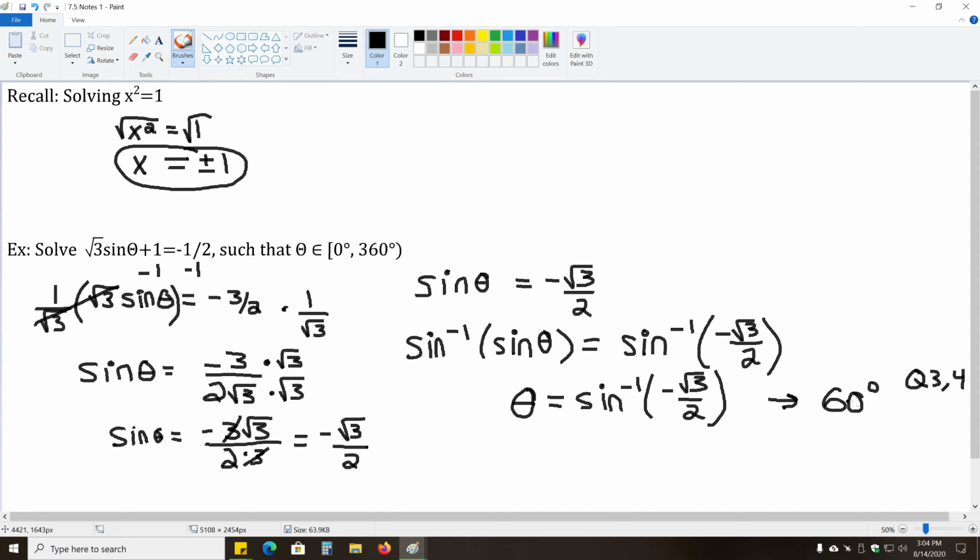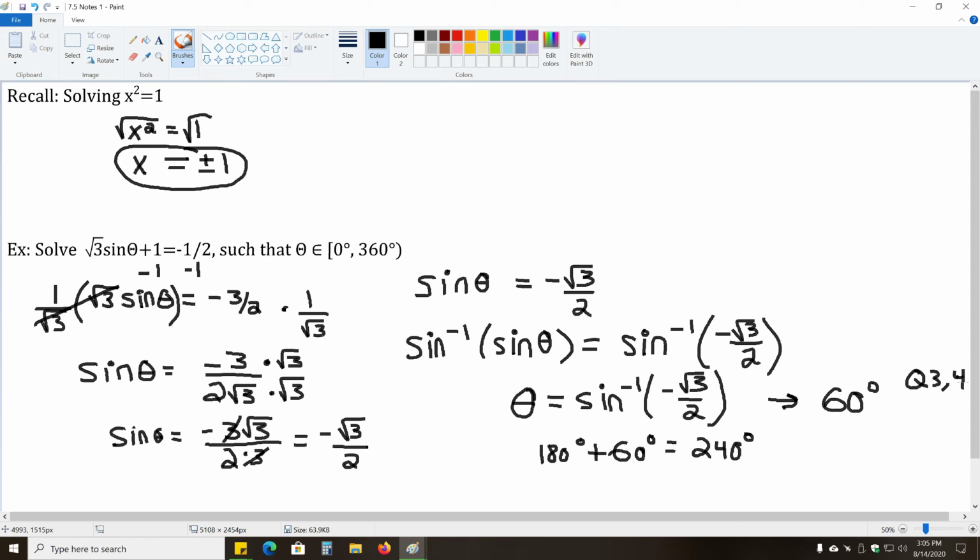So, to find our first reference angle for 60 degrees in quadrant 3, remember, we would just take 60 degrees and add 180 degrees to it. We're basically working backwards from our old reference angle methods. So we are adding 180 degrees because we're in quadrant 3, which gives us 240 degrees.